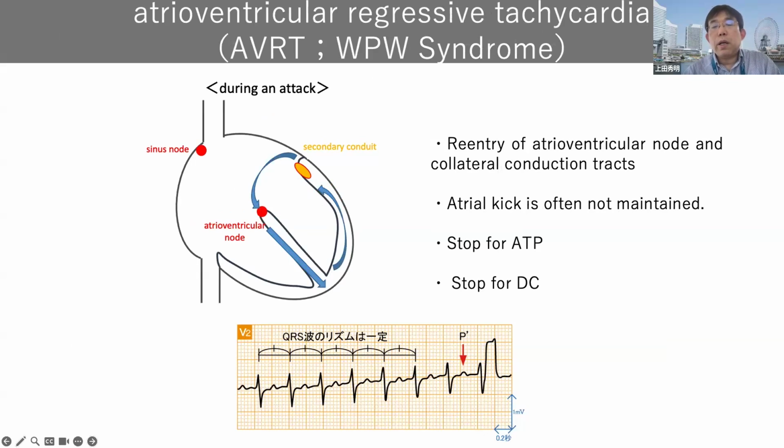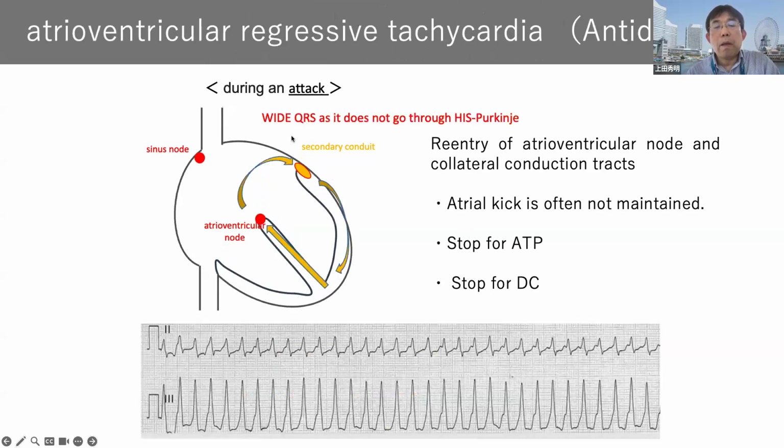We could always see the reentry through the atrioventricular node and the collateral conduction track. Here the QRS is wide because it doesn't go through the His-Purkinje fiber. The reentry of the atrioventricular node and collateral conduction tracks is often not maintained, but it stops with ATP.